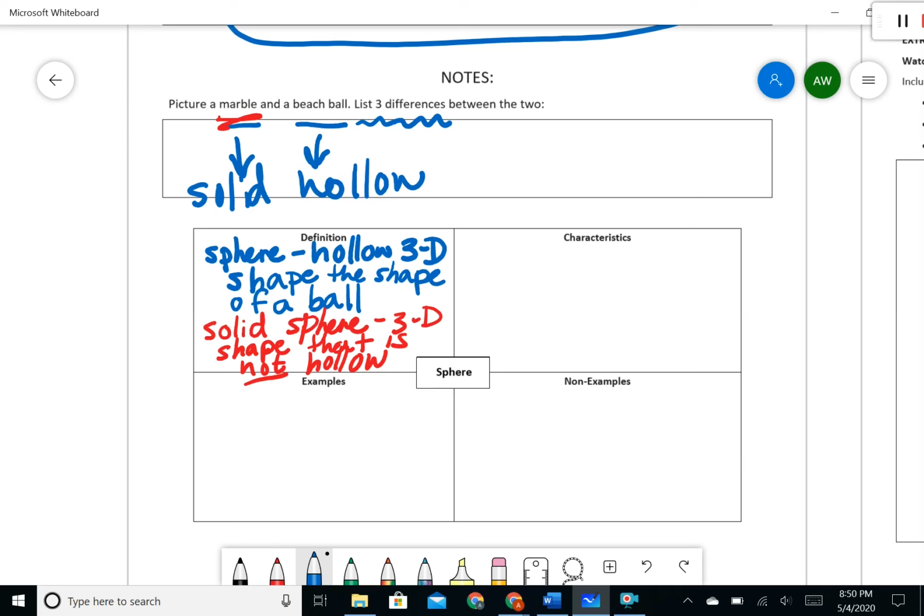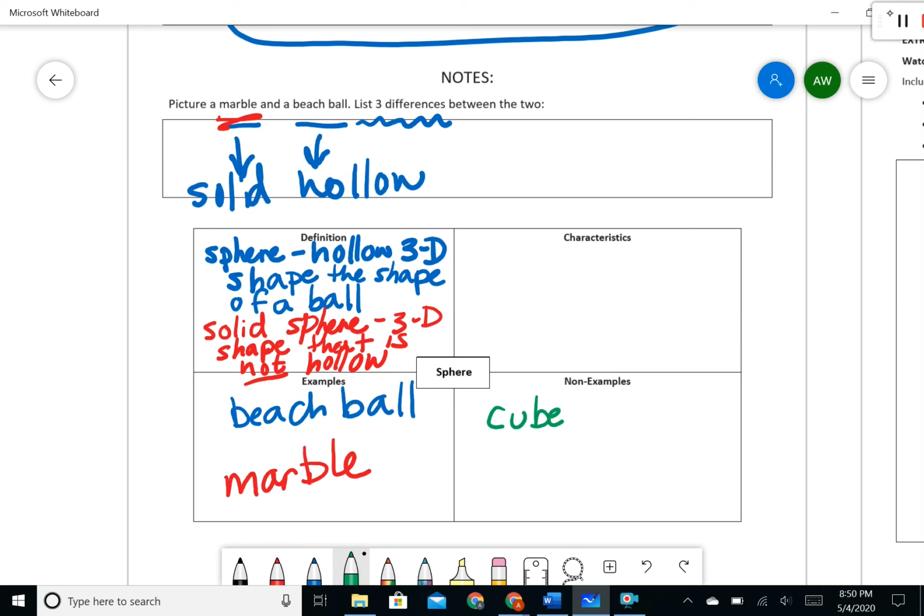Let's talk about some examples. So our first example would be, of course, a beach ball for a sphere and a marble for a solid sphere. Some non-examples of spheres. So these are things that are not perfectly round. Okay, so obviously a cube is not a sphere, but also an egg is not a sphere because it's a little bit oblong.